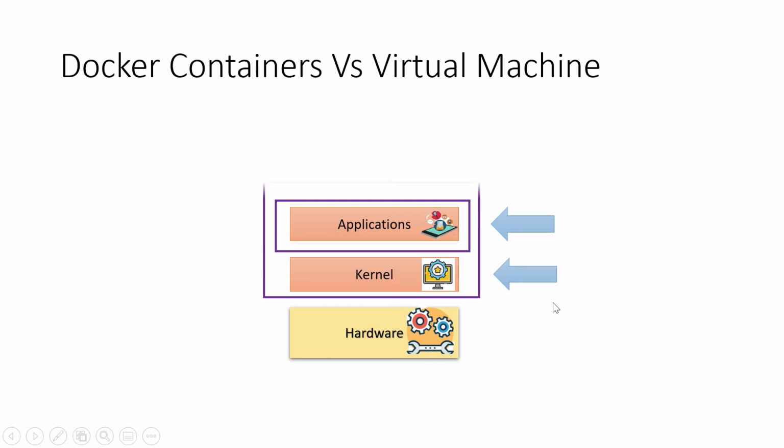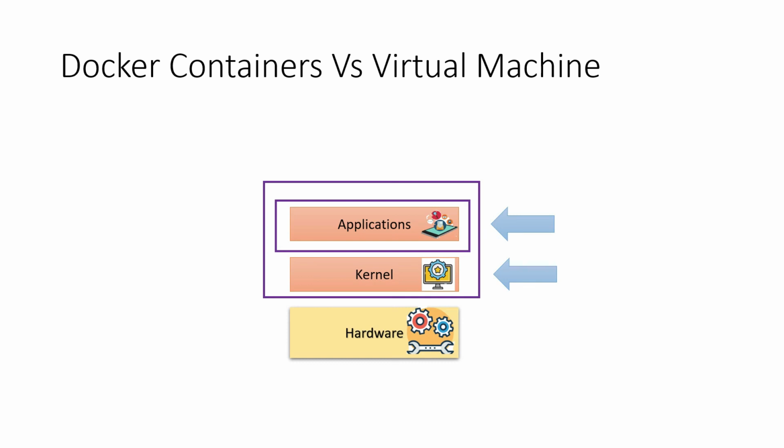But when we talk about VMs, they actually operate at the level where they have their own OS. So they are abstracting out the kernel and applications part also. That way, when we create a VM, it will have an OS version bundled with the VM. That is the reason we can have a Linux VM working on top of a Windows machine or vice versa.